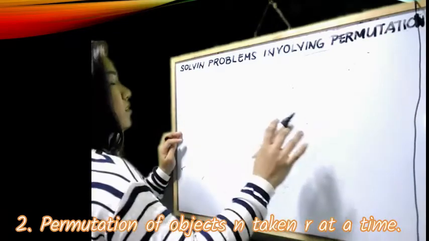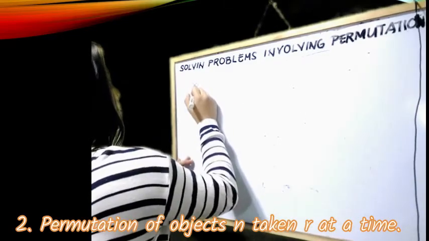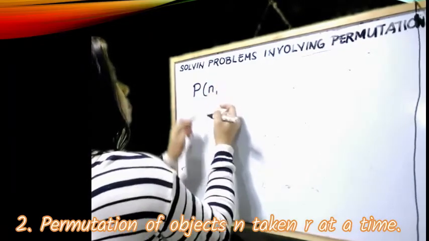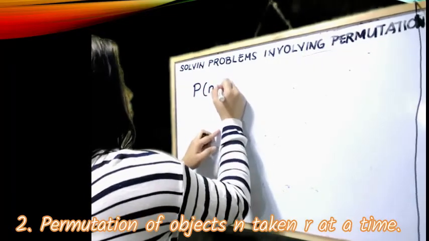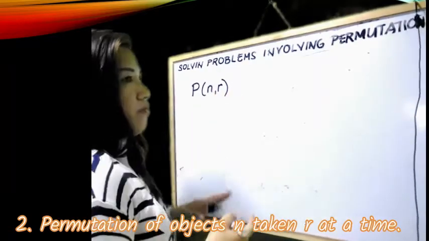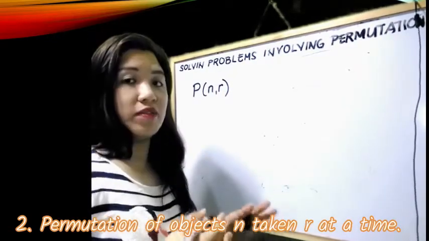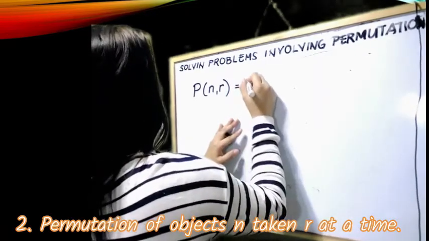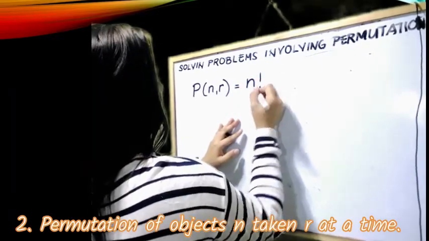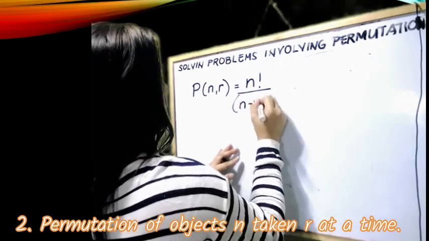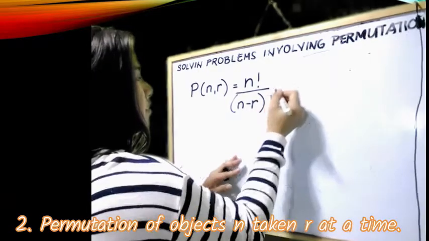Once again, the formula for that one is P(n, r), wherein n is the total number of your objects, r is the total number of objects that you would like to take at a time. So it's not all. P(n, r) would be equal to n factorial over n minus r factorial.